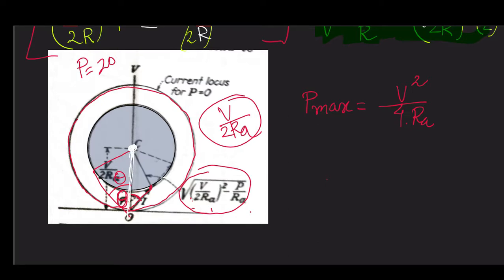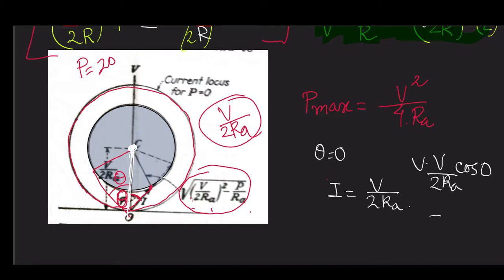So theta will be 0. Now see, what about I? I is equal to V by 2RA. So what about your input power? Input power will be V into V by 2RA into cos 0, which is equal to V square by 2RA.